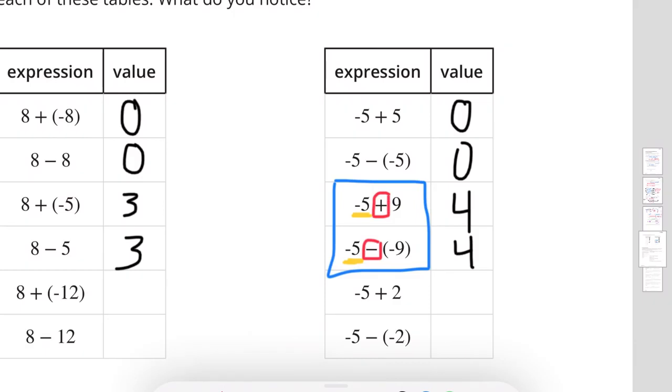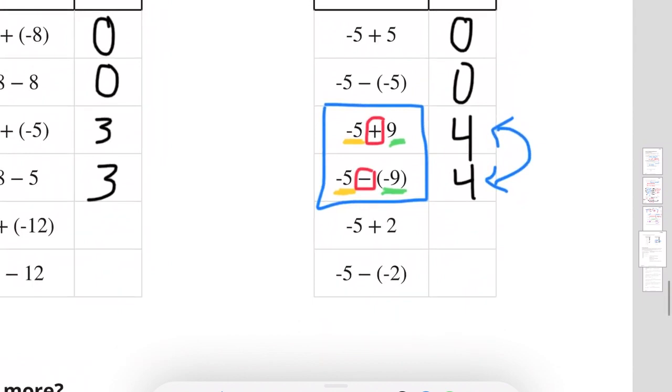And then if you look at your second number, I have +9 and -9. Yet my answers are the exact same. So that's because when you change between addition and subtraction, you use the opposite. So since subtraction is the opposite of addition, your second term, you must use the opposite of it.